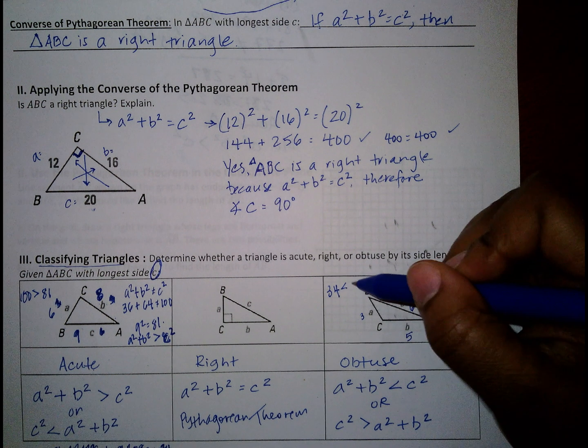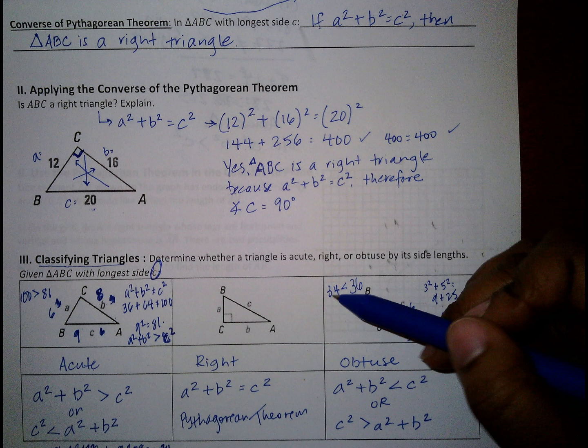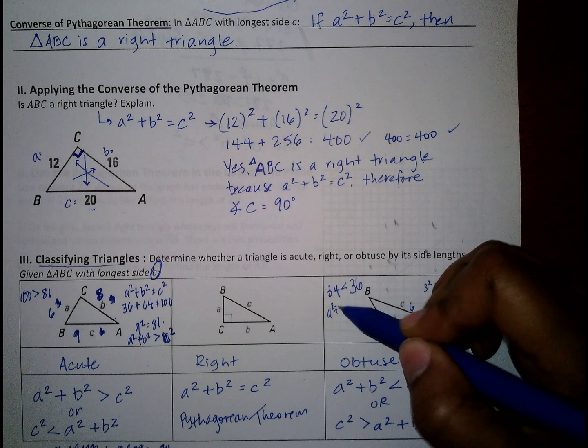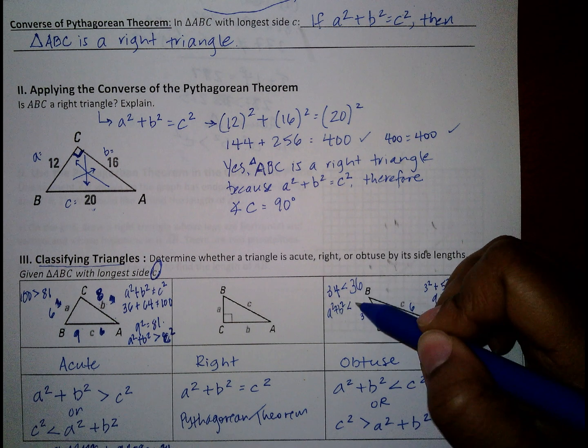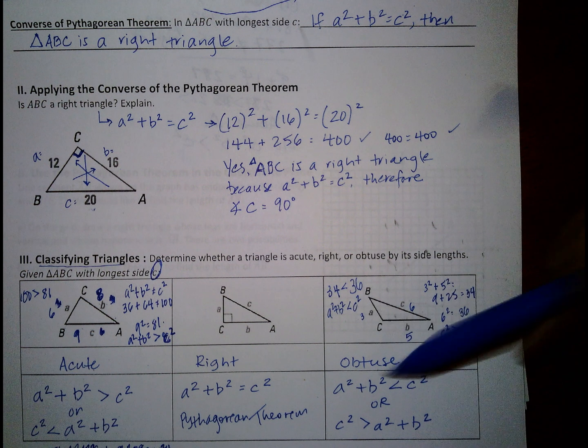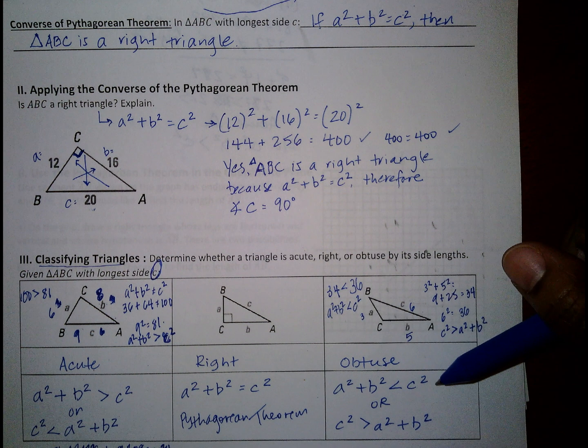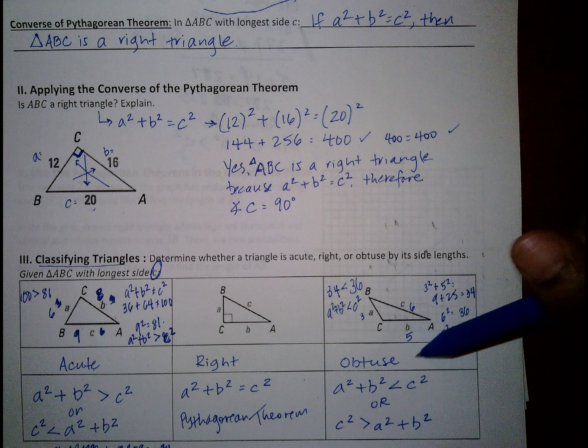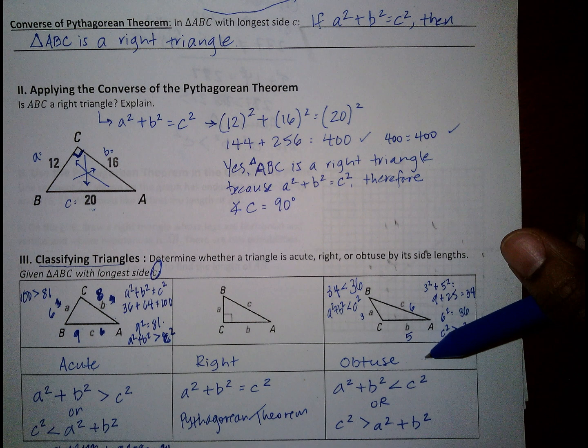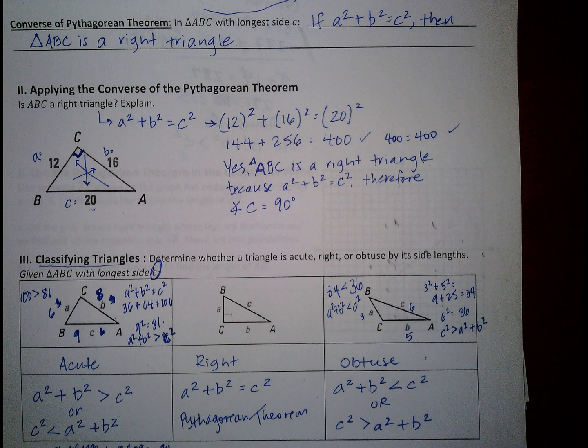So a squared plus b squared is less than c squared. And if a squared plus b squared is less than c squared, then we're dealing with an obtuse triangle here. Okay? And so that's how we can tell if we're dealing with obtuse, acute, or right triangles.